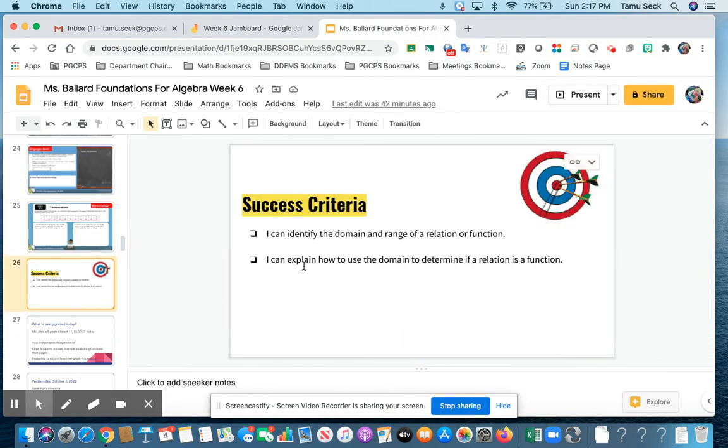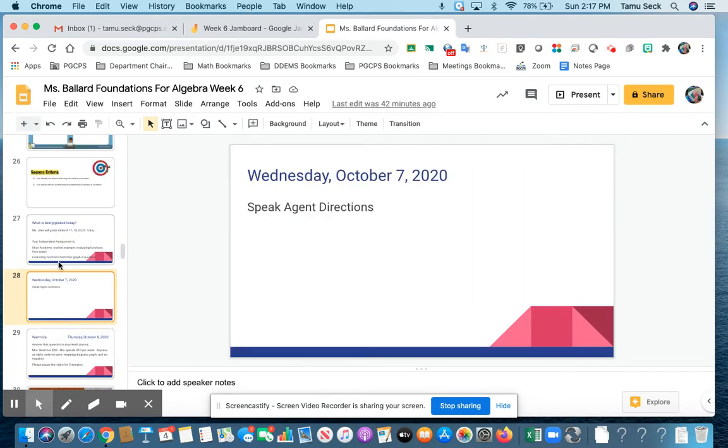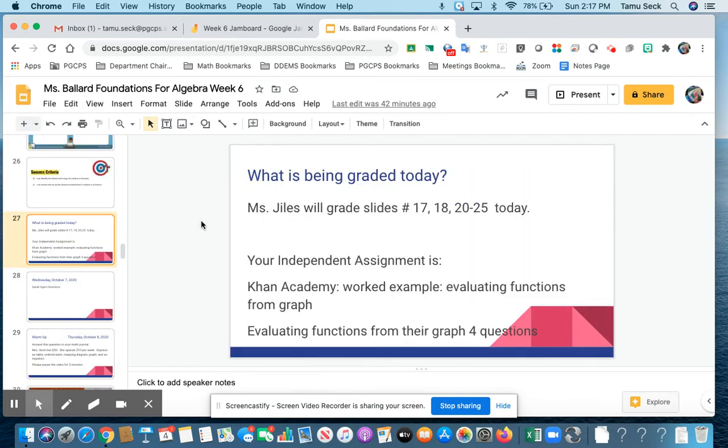Okay. Today, you should be able to identify the domain and range of a relation or a function, and you can explain how to use the domain to determine if a relation is a function. Miss Giles is grading slides 17, 18, 20 through 25, much more slides than yesterday. She only graded 2 slides yesterday.